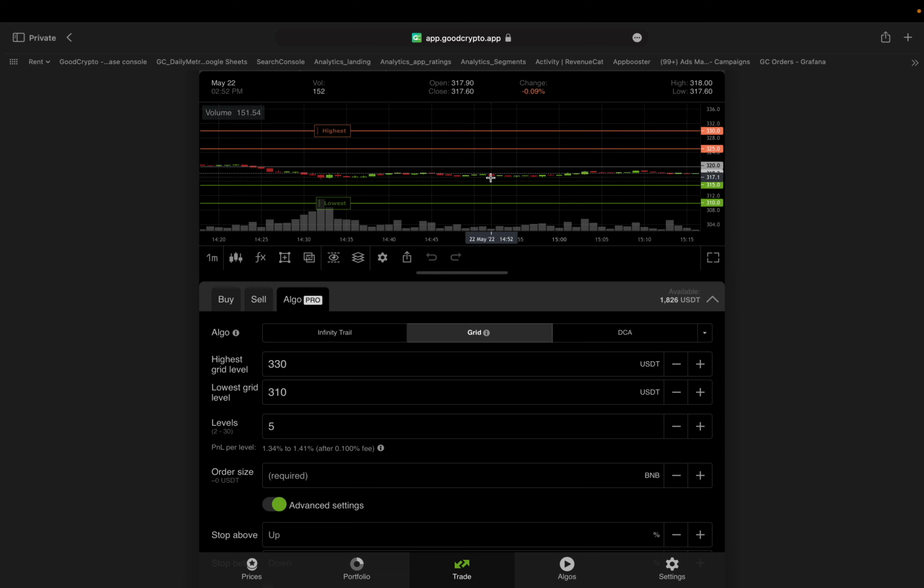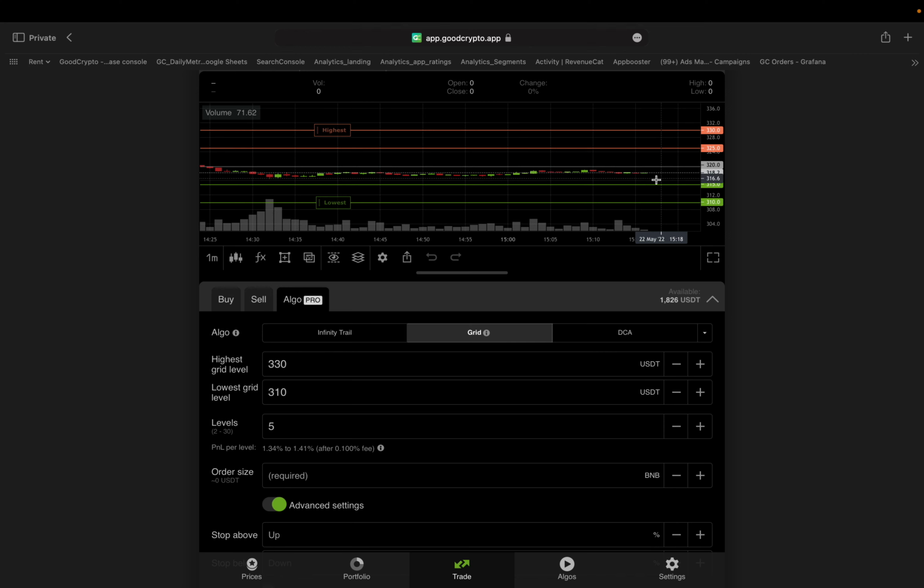The risk with grid trading is always kind of easy to understand, and it's also very important. Your risk is that the market price will go out of the grid range, and if it does that, then you'll be left with a position on your hands.